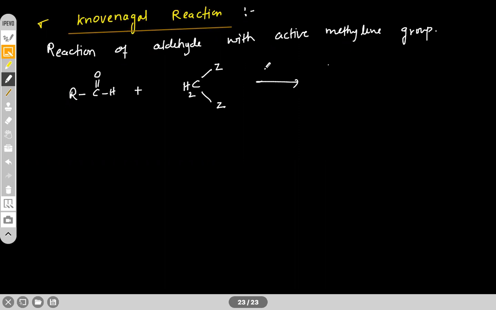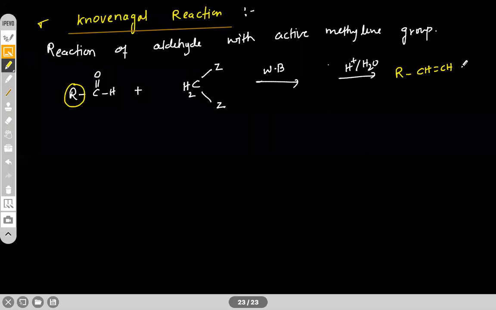In the first step, this reaction is allowed to take place in a weak base, and then we have hydrolysis in the presence of acid, H plus H2O. The product we get is R-CH=CH-COOH.